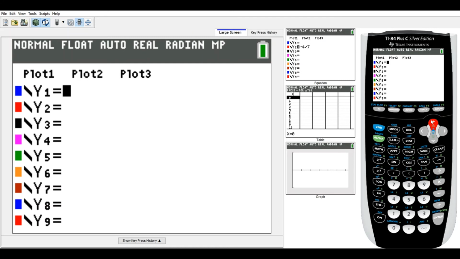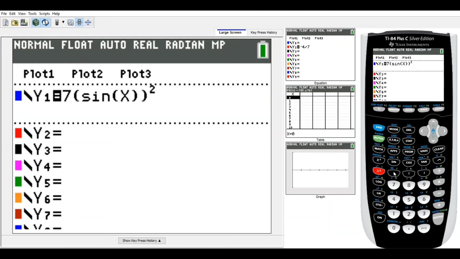Now that we have our calculators open, let's type in the equation, or at least one of the sides. So we had 7, and then we have sine of x, right? Sine of x squared minus 1.